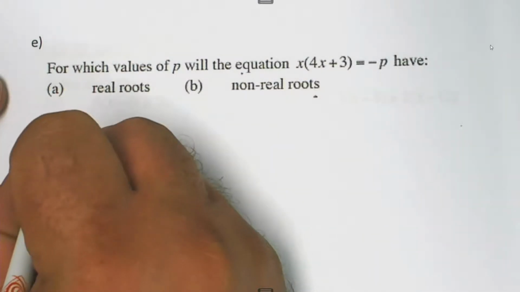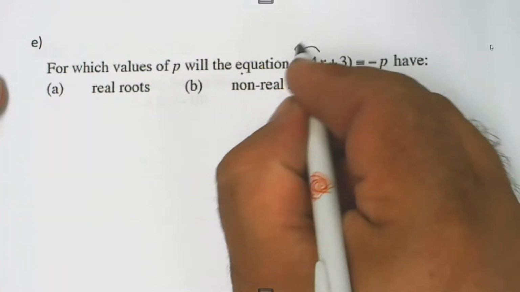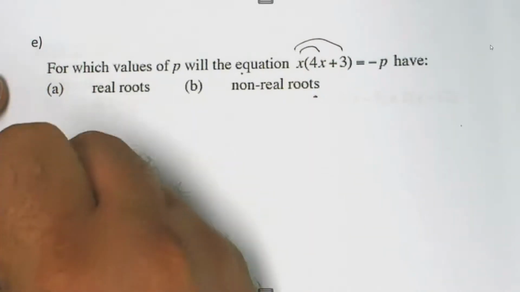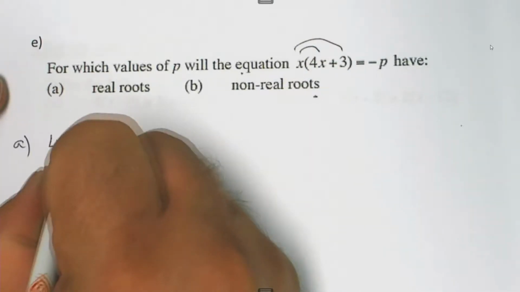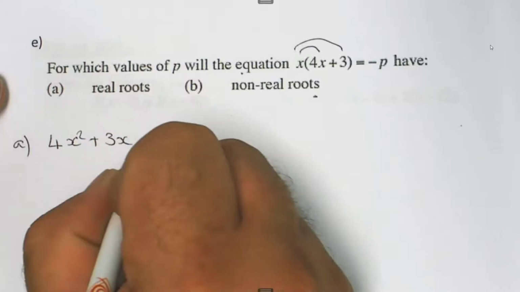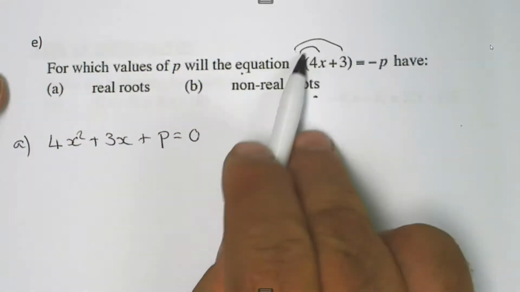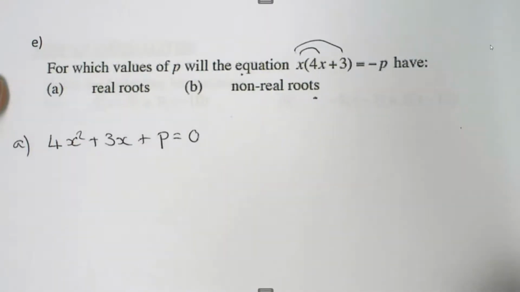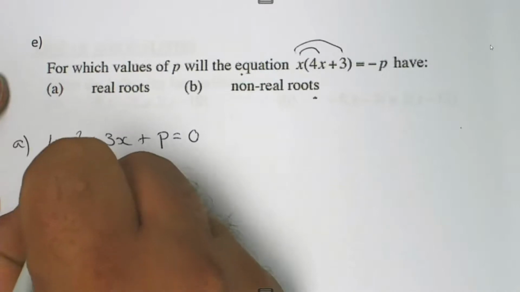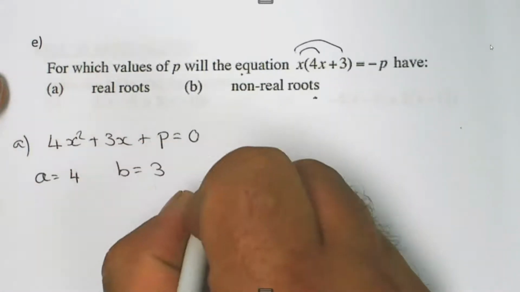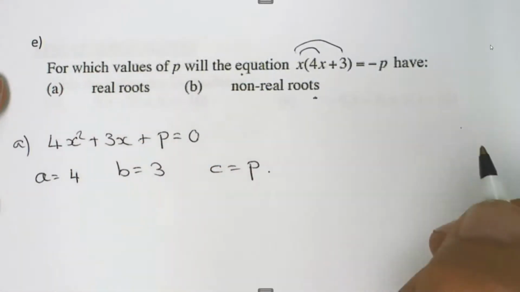So we're going to say 4x squared plus 3x plus p is equal to 0. That is 4x squared plus 3x plus p is equal to 0. Right. So a here is equal to 4, b is equal to 3, and c is equal to p.